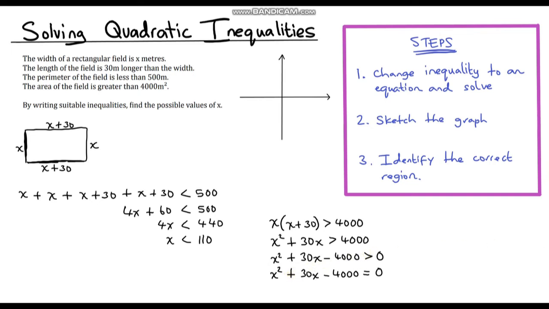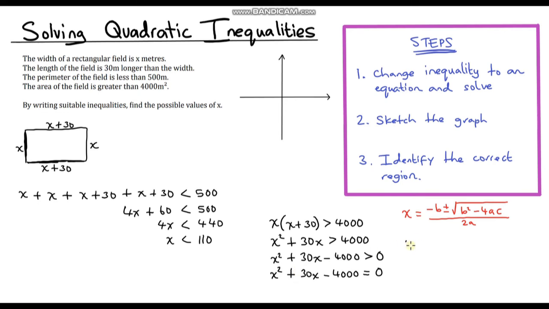So let's just remind ourselves of what the formula is. So the formula is x is equal to negative b plus or minus the square root of b squared minus 4ac. And then all of that is over 2a. So now we can just plug in our numbers.